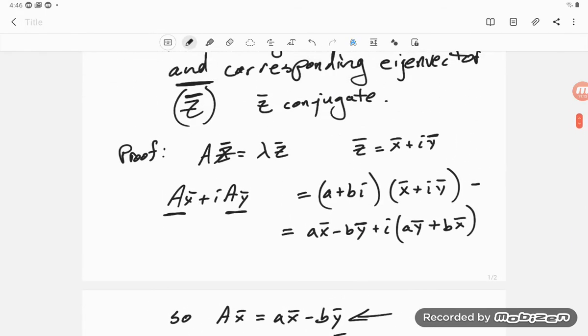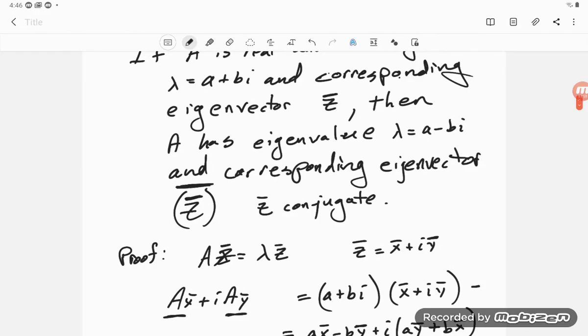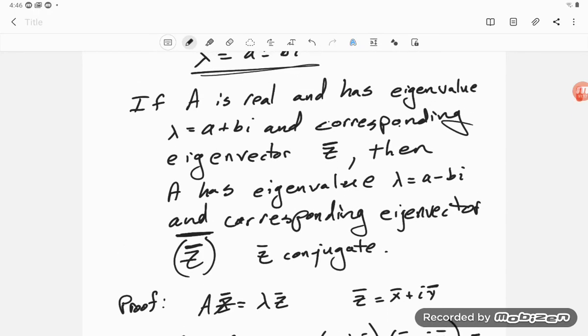Okay, so when we get these for a real matrix, again, this is just for a real matrix, if we end up with this eigenvector pair, then the eigenvalues that go with those are just complex conjugates of each other.